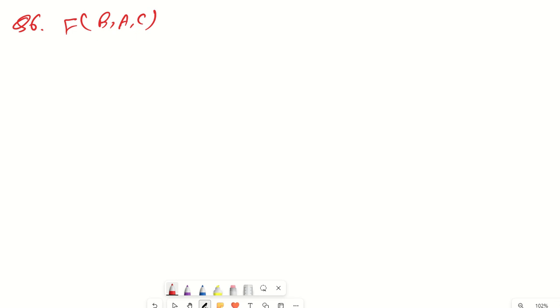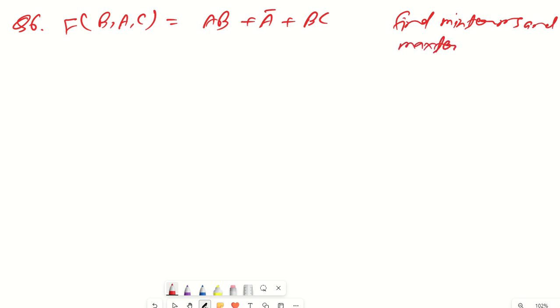Sometimes it is written ABC, but it is now written BAC. So this was asked in GATE. It is AB plus A bar plus BC. Now find the min term and max term expression. Actually it was asked only for the min term, but I am just adding the max term as well.